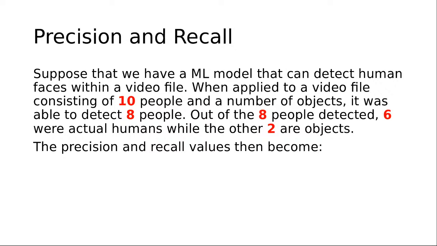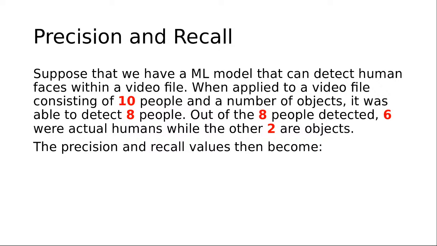So in this case, when applied to a video file consisting of 10 people and a number of objects, our machine learning model was able to detect 8 people. Out of the 8 detected, 6 were actual human beings, while the other 2 are objects.